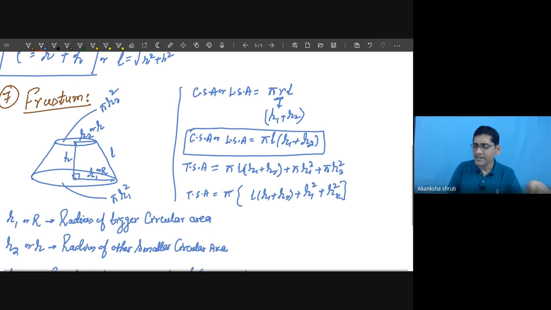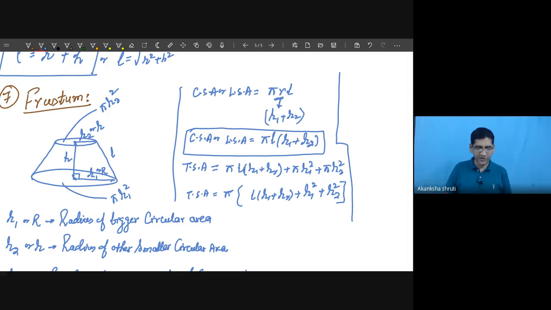Many a time students get confused with this in the volume. Here, L (R1 plus R2) is a two-dimensional thing, meaning the power of length and radius together gives two dimensions. Since it is the surface area, R1 square you take, R2 square you take, just add it. That's enough. So this way we can get it. Even remembering this formula is very easy.